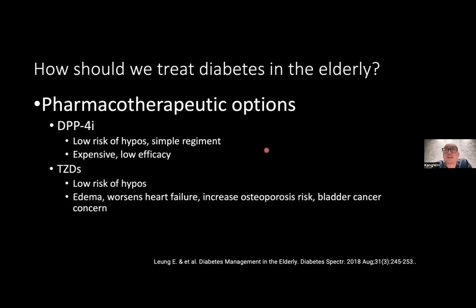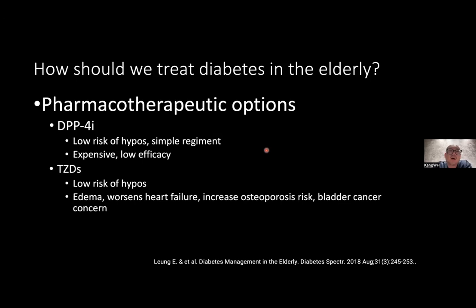DPP-4 inhibitors are one of my favorite diabetic meds in elderlies, because it is simple to use and there's no risk of hypos. The only drawback is low efficacy. When you take it, you only reduce your A1C by around 0.5 to 0.7%. I sometimes joke that seeing me monthly and scolding you monthly will bring down the A1C as well as the DPP-4 inhibitor, because you nag and nag and the patient gets so fed up they listen to you.